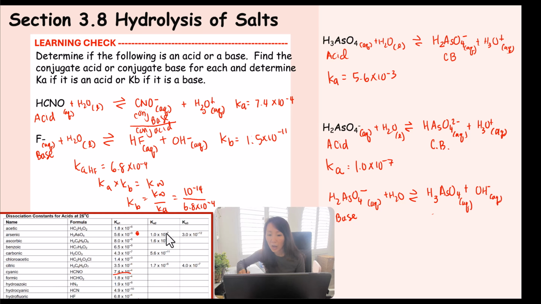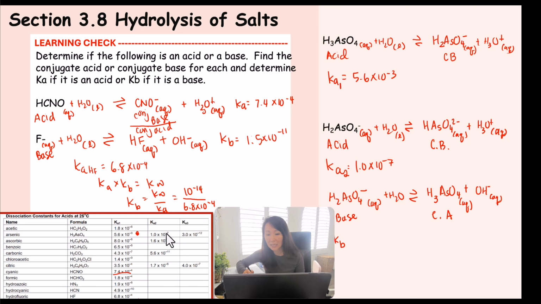So the conjugate acid would be this one right here. Now it says that if it was a base, then you need to find the Kb value. By the way, this is Ka2 and this is Ka1, because that will come into play when we do this problem.